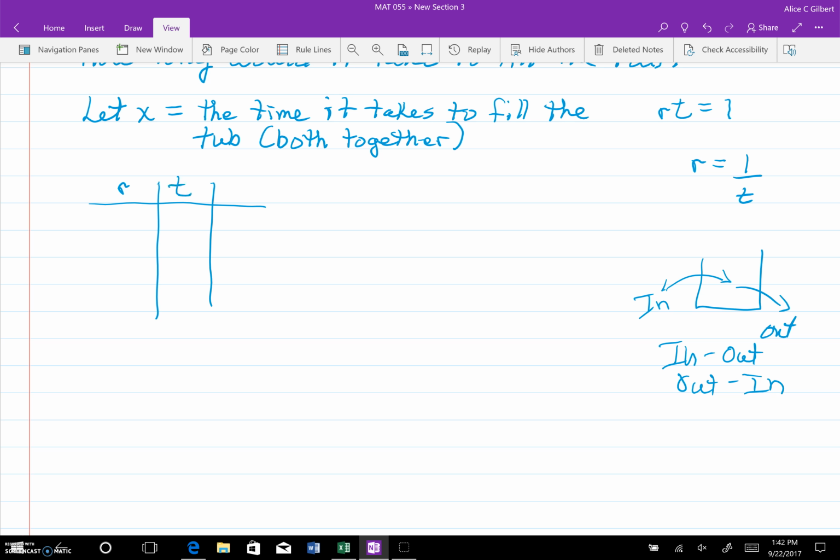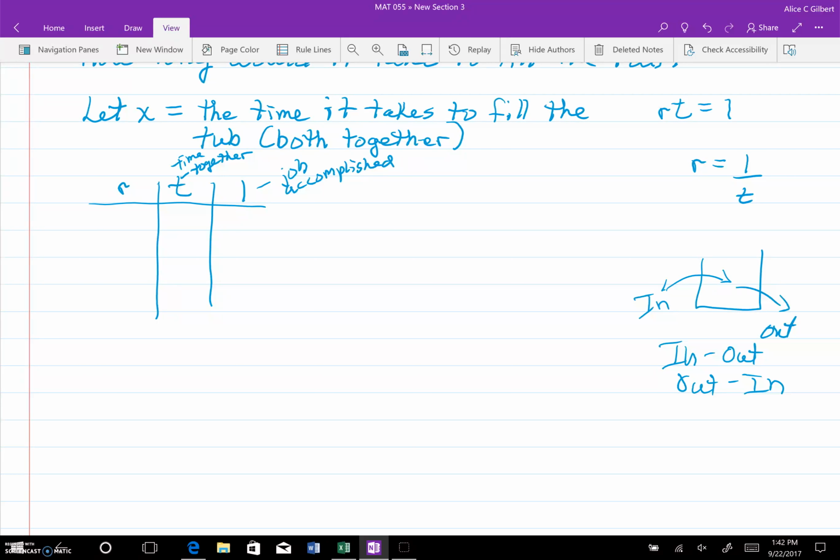So rate times time equals 1 job accomplished. Remember, this is 1 job accomplished. And remember, this, guys, is time together. Okay? The two things working together.